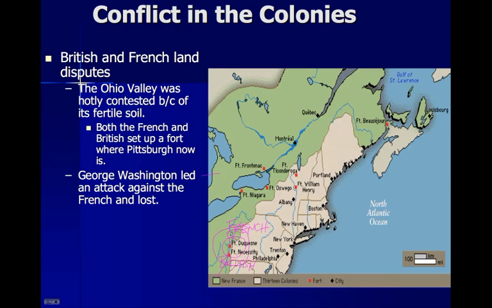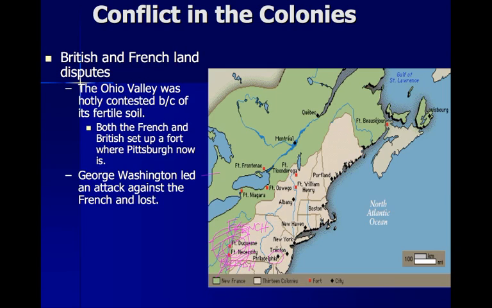This is all very fertile land right in here. And so that's what everybody wanted. And so George Washington attacked the French fort, Fort Duquesne, but was quickly turned around and sent back to Philadelphia with his tail tucked between his legs, because he was not prepared to battle in this area.